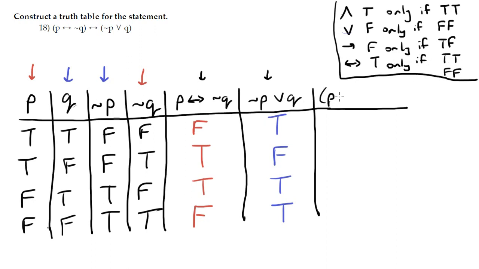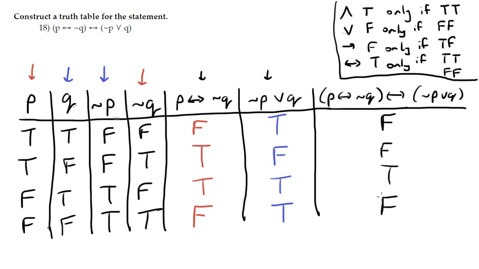So let me write this here: P if and only if not Q, if and only if not P or Q. The only way we're writing a true here is if we have a true, true, or false, false. False, true, that's false. True, false is false. True, true is true. False, true is false. And there's our solution. Here's our truth table.